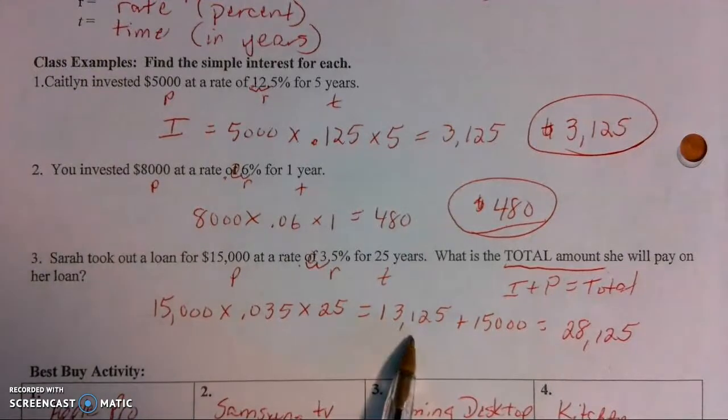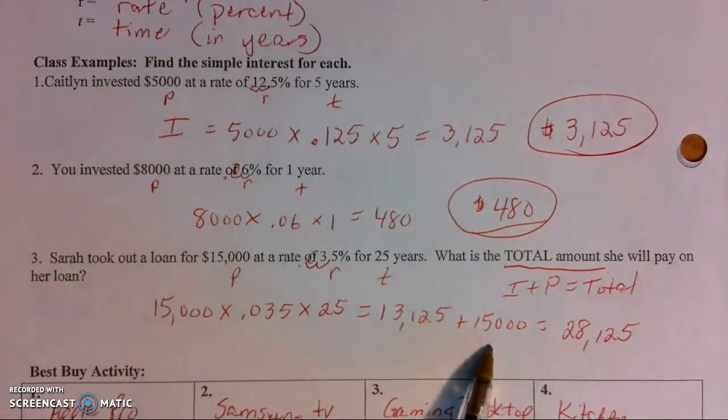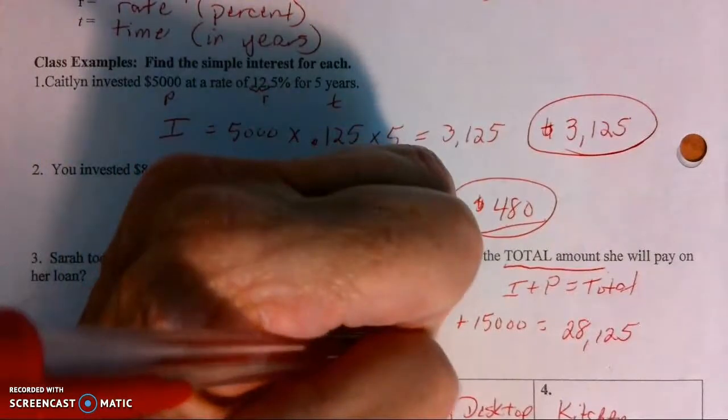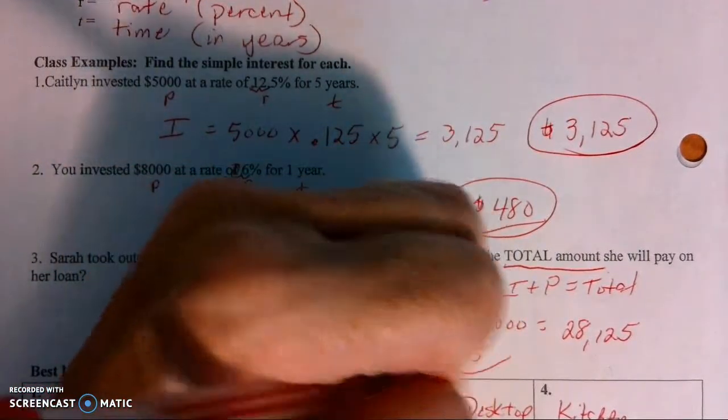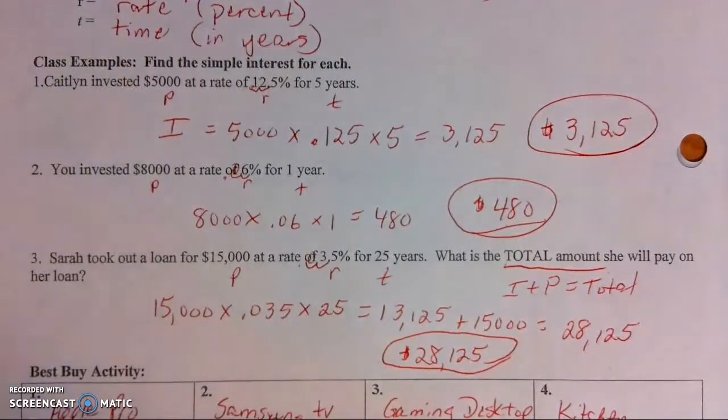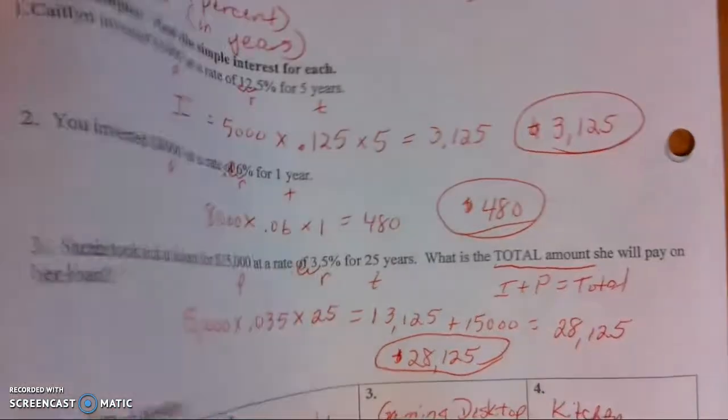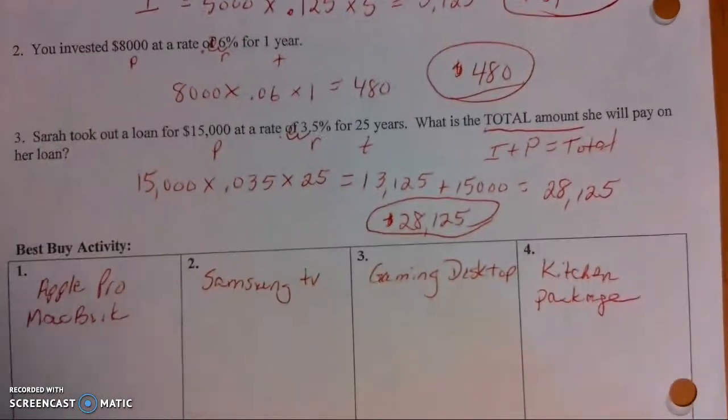So I found the amount of interest, but now I have to add that back. So again, $28,125 is the total.